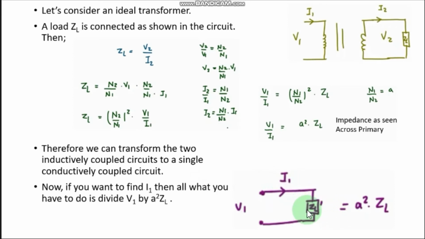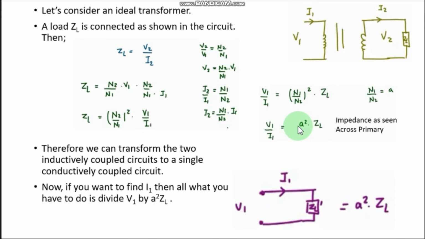So the impedance here is A squared ZL, which is equivalent to this setup. So this is called referring the secondary side impedance to the primary side, right? So what we have to do is basically multiply it by the square of the turns ratio.